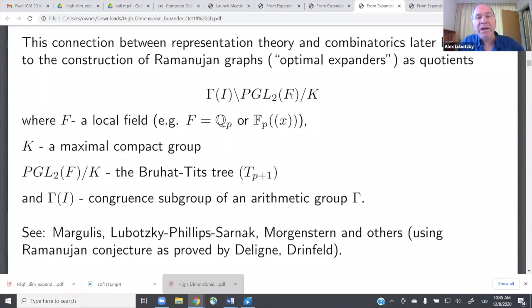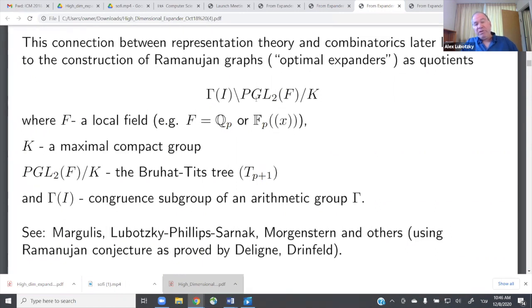Here we get a p plus 1 regular tree, and now we take an arithmetic lattice of PGL2(F). This is a co-compact discrete subgroup in PGL2(F).